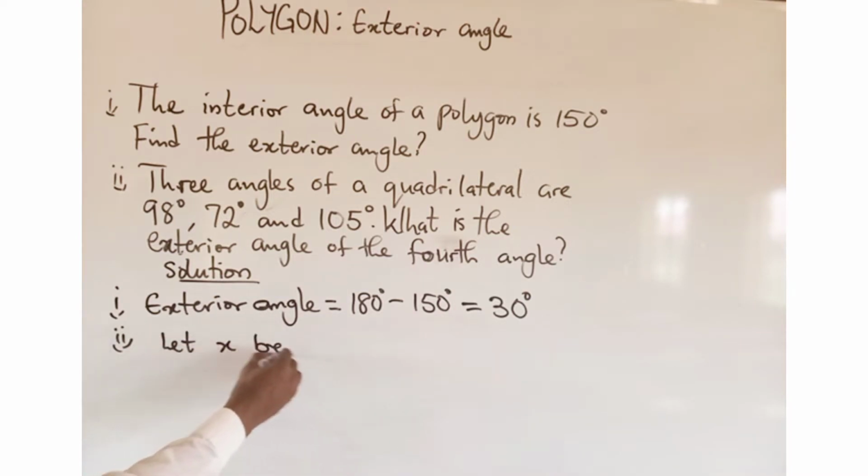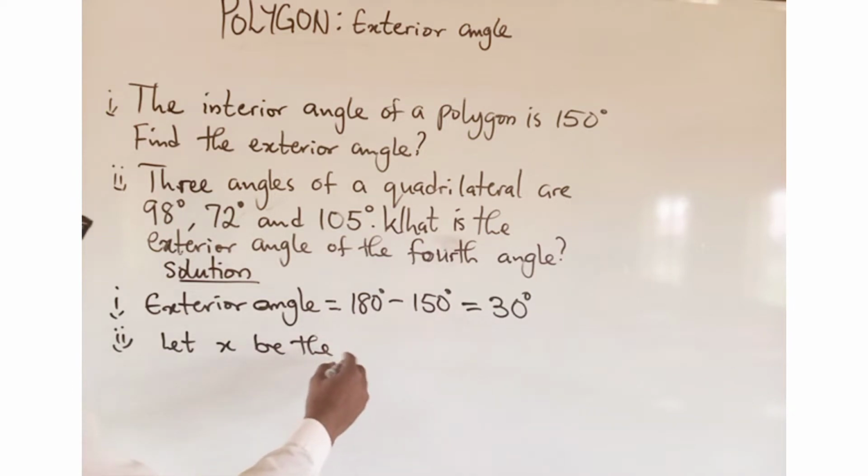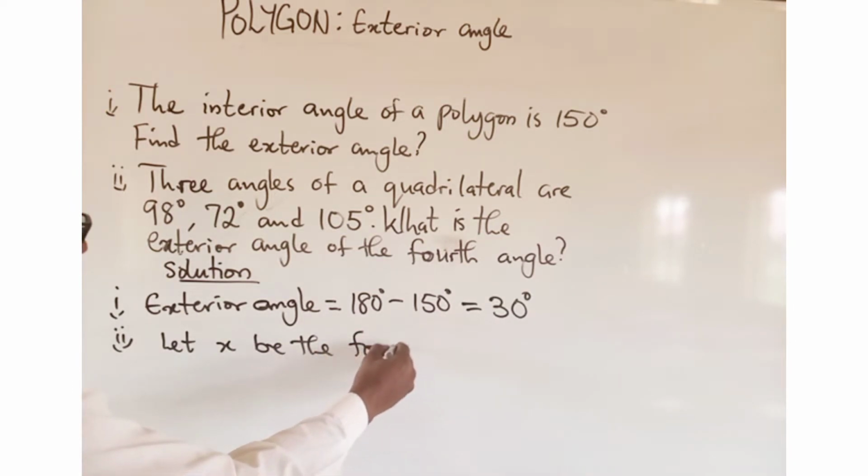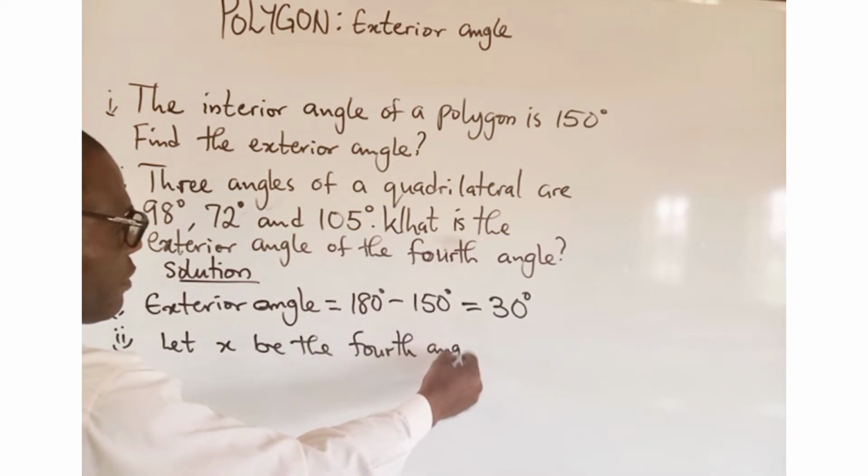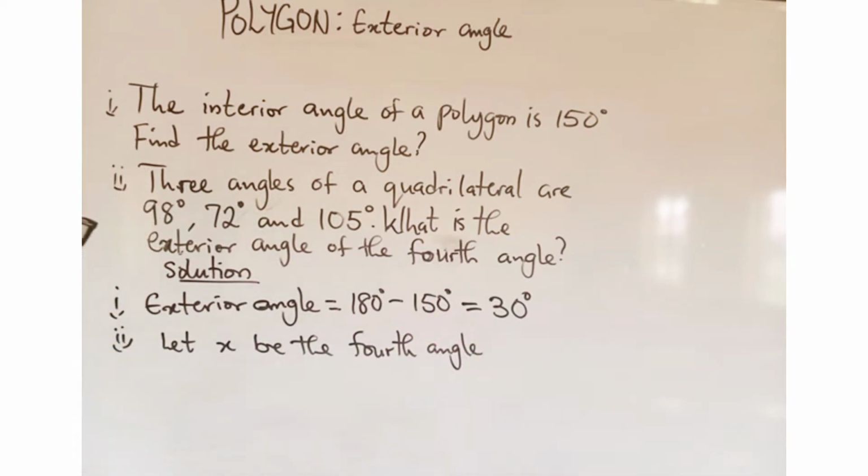x be the fourth angle of the polygon. Now, we know that n is equal to 4 because it has four sides.